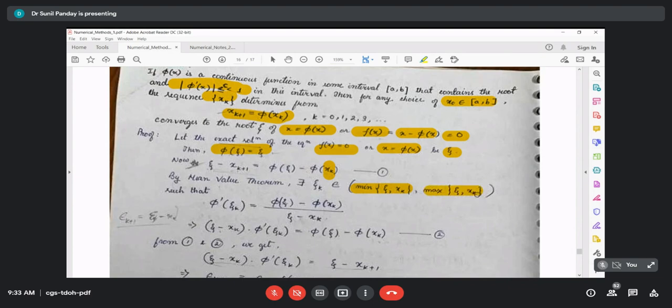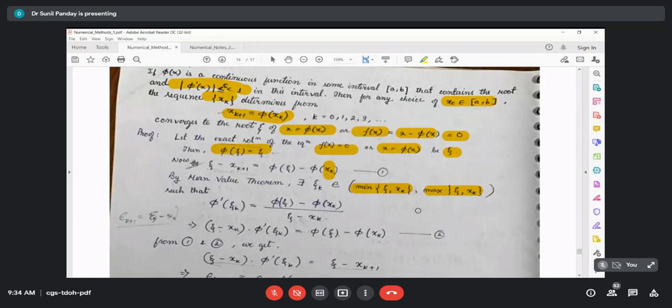If xi is less than xk, the interval is xi comma xk, and if xk is less than xi, it is xk comma xi. That's why we have written the minimum of xi, xk and the maximum of xi, xk.